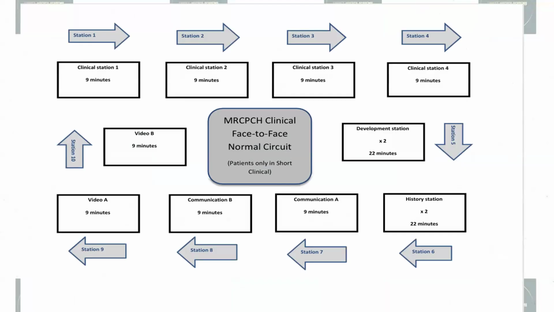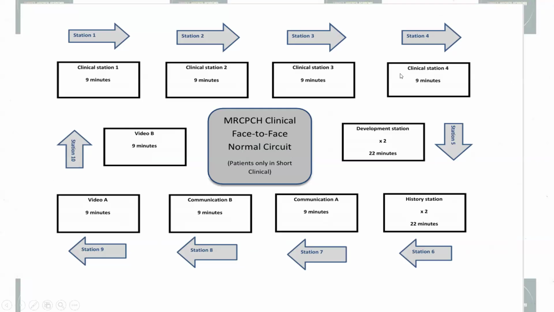If you want to know exactly what the MRCPCH clinical examination is, what the circuit is, what will be happening during the exams, it would be ideal for you to visit the RCPCH site, go into the clinical exams, and you'll find all these details. So this is nothing made by us. This is all taken from the RCPCH site.